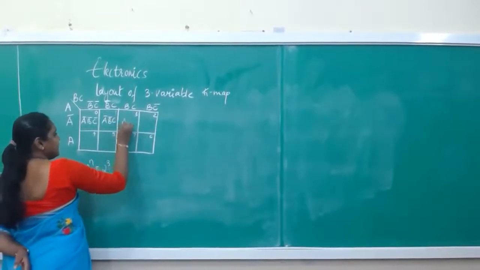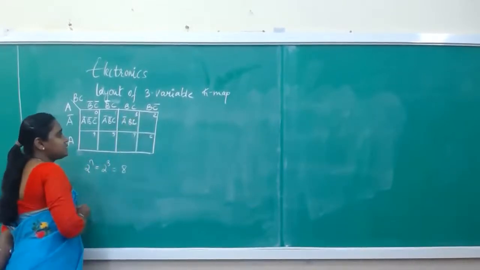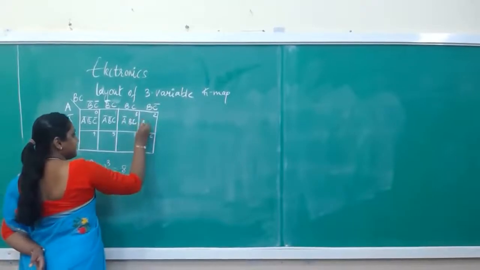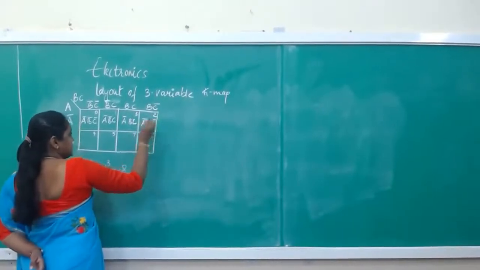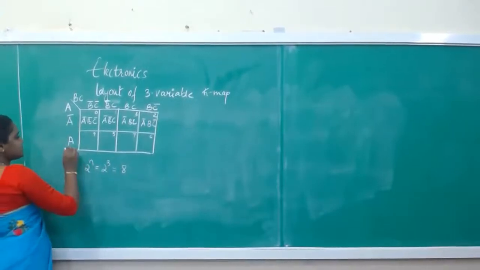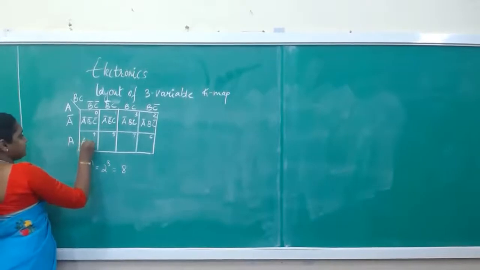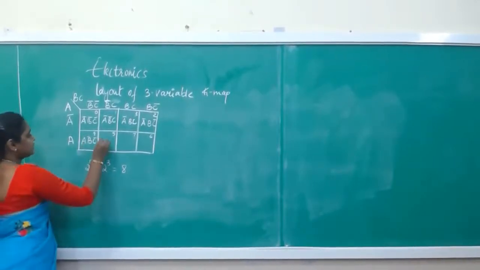Next, A bar, B, C, that means 0 1 1. Next, A bar, B, C bar, 0 1 0, that is 2. Next combination, A, B bar, C bar, 1 0 0.